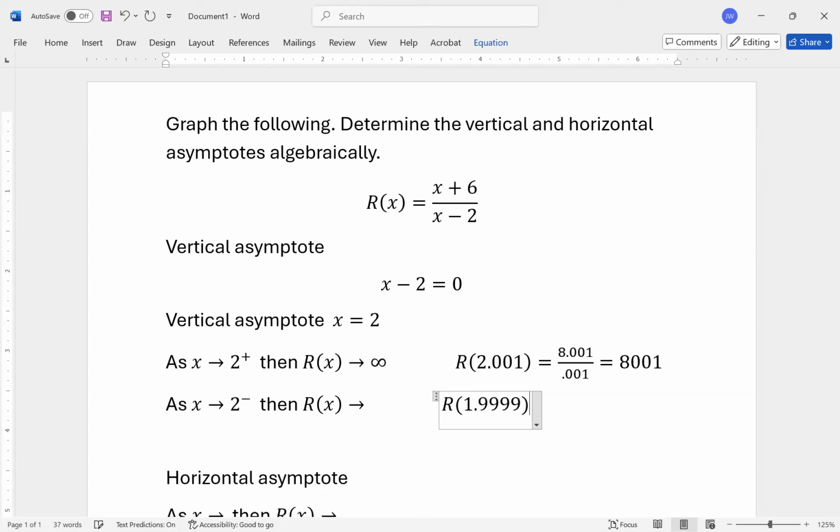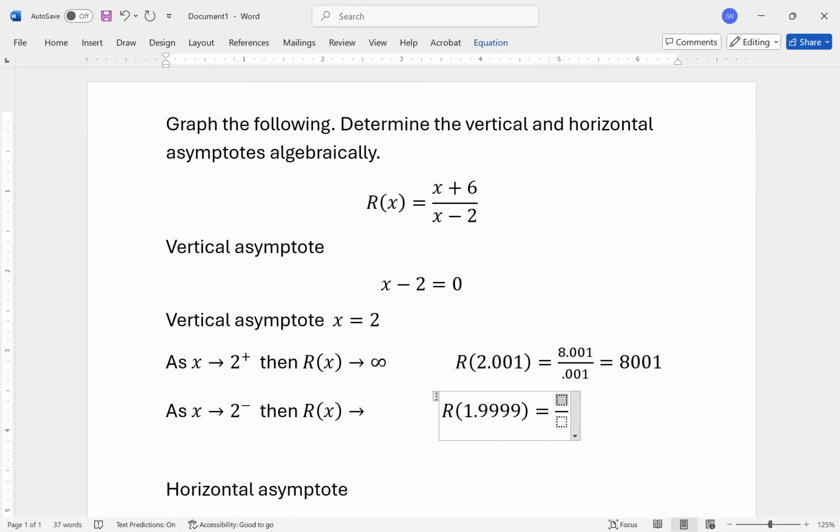Let's plug in something that's even closer to 2, in this case, 1.9999. If I plug that into the numerator, I'd get 7.9999 in the numerator, and I'd get a negative 0.0001 in the denominator.